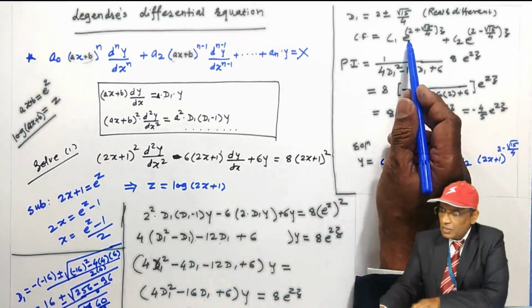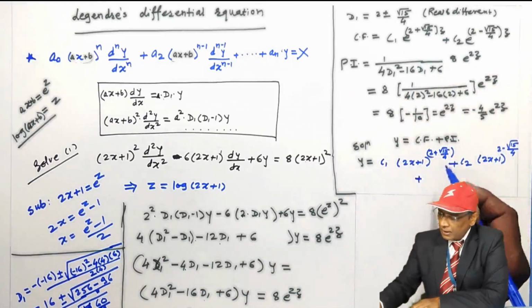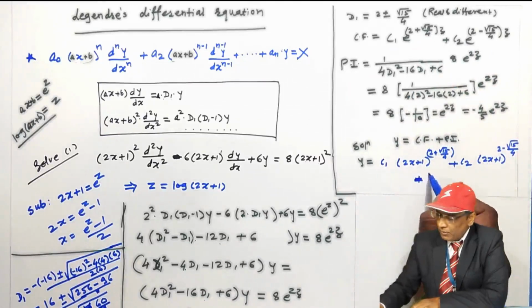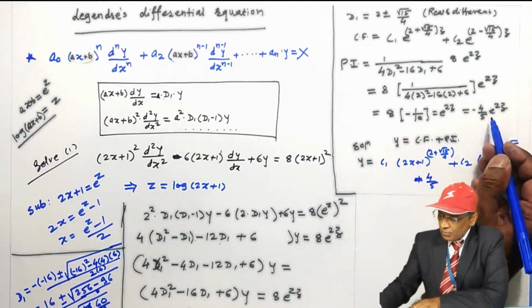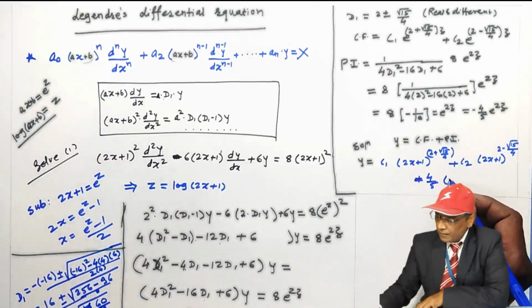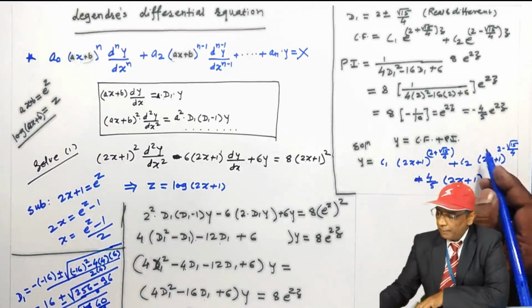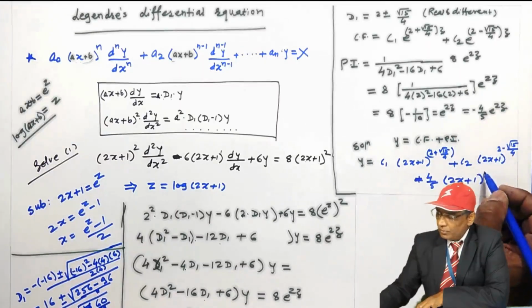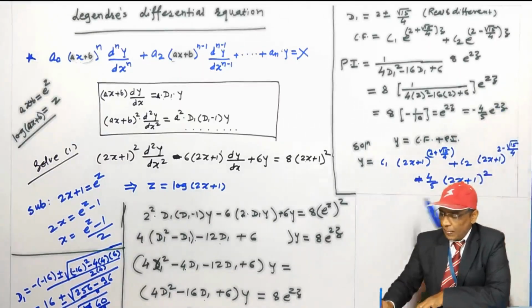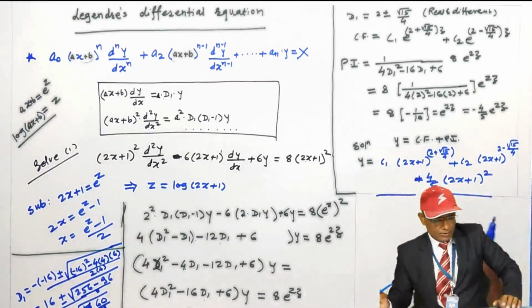C1 this term plus C2 this term, plus particular integral. Particular integral is what? Minus 4 by 5 and e raised to power z. E raised to power z is 2x plus 1, raised to power 2x plus 1 raised to power 2. Okay, this is the general solution to Legendre's differential equation.